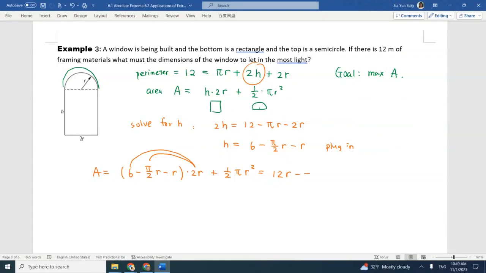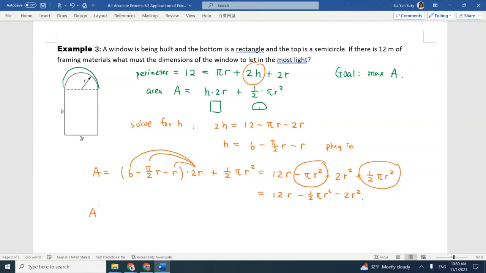Do you see the 2 and 2 cancel? So negative pi r squared, right? And minus r times 2r, so minus 2r squared, plus 1/2 pi r squared. Can we combine the like terms? Do you see the negative pi r squared plus 1/2 pi r squared? What do you get? Yes, very good. And then minus 2r squared. Right, everybody?